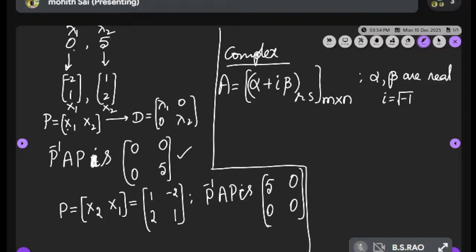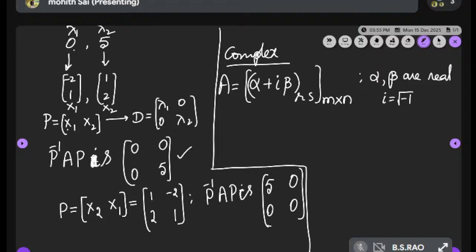R is the row position, S is the column position. M by n: m is the number of rows, n is the number of columns. M by n is the order of the matrix. Say yes or no?